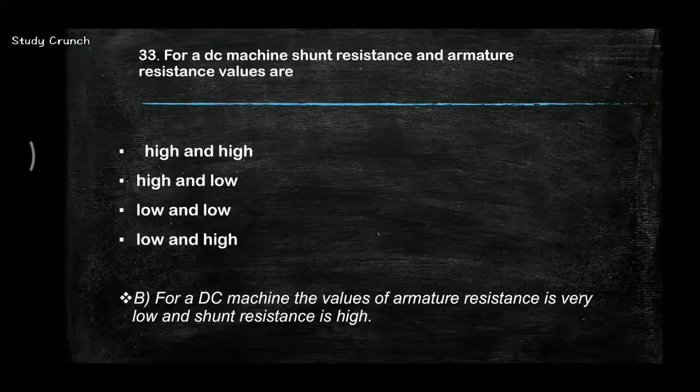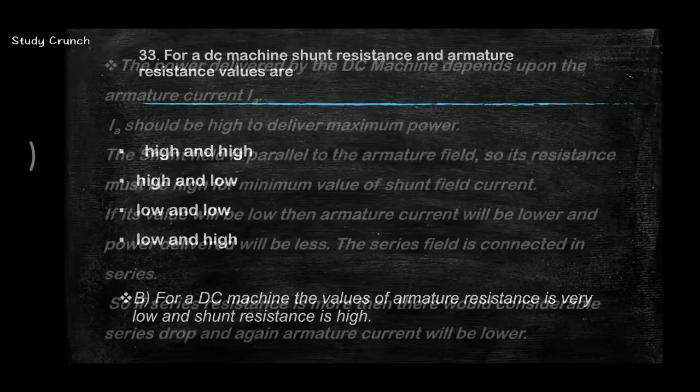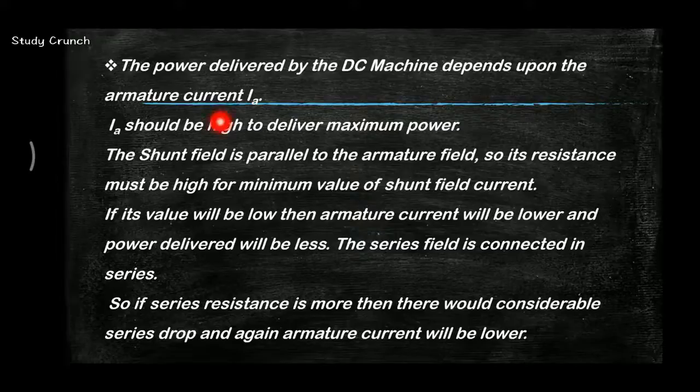Next. For a DC machine, the shunt resistance and armature resistance values are... so the answer is B, that is high and low. For a DC machine, the value of armature resistance is very low and shunt resistance is high. Because the power delivered by the DC machine depends upon the armature current, and IA should be high to deliver maximum power.